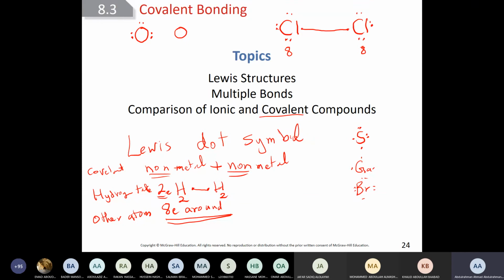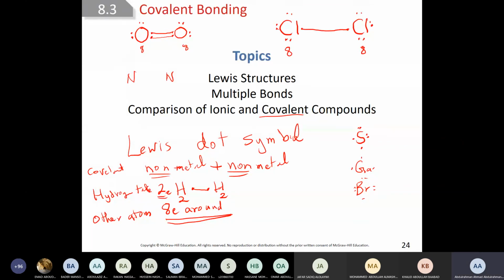Usually we don't draw it like this. We have to have each one by itself, but I will do it this time like this. How can you make them 8 around each other? By 2 sharing electrons. By sharing these and these, right? This way, how many electrons now around this oxygen? 8 electrons.